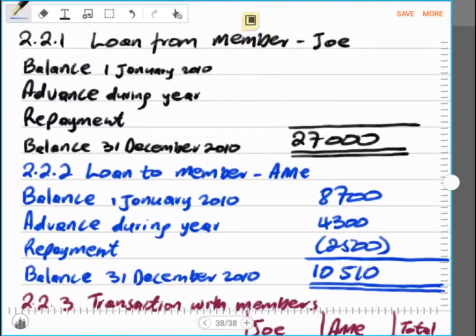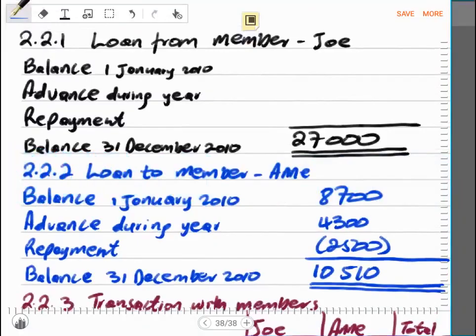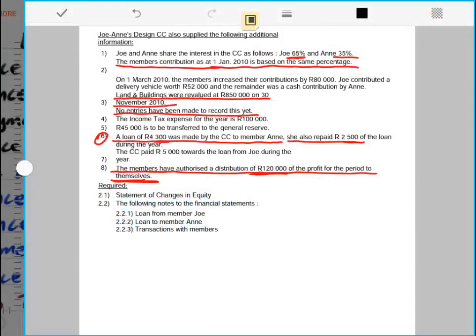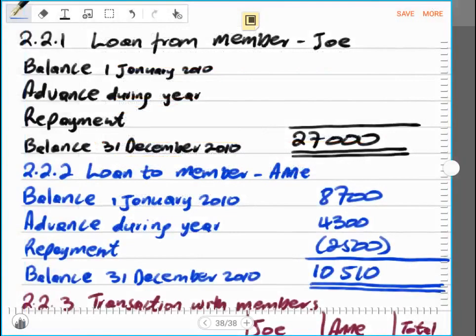So now we go to the second part of the transaction that tells us about a loan that was paid by the close corporation towards a loan from N. Then it says the CC paid 5,000 rands. So now this is a payment of the loan by the close corporation. Obviously, the close corporation pays money because it was a loan which was from a member.